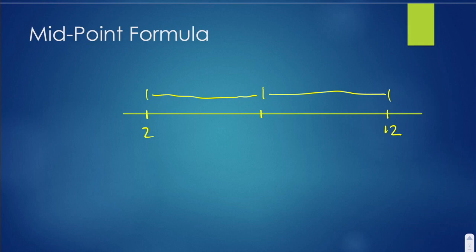It's really just taking the average of the two coordinates of the line. So here we go. We're just going to say 2 plus 12, and we divide that result by 2. So 2 plus 12 is 14, and we divide that by 2, and we get 7.